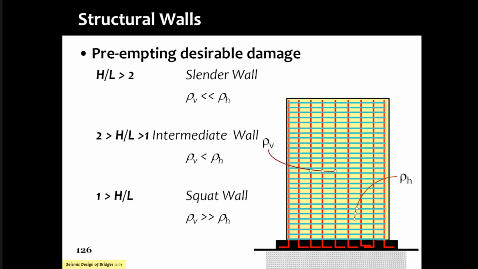In the slender wall or in a column pier, the plastic hinge has to happen, so the longitudinal bar has to yield. That is why longitudinal reinforcement has to be lesser. In this case, the shear crack will pass through and the bridge has to swing horizontally to get ductile action, move horizontally to get ductile action. And that can happen only if the horizontal reinforcement is lesser than the vertical reinforcement.